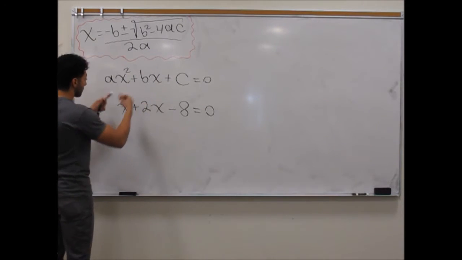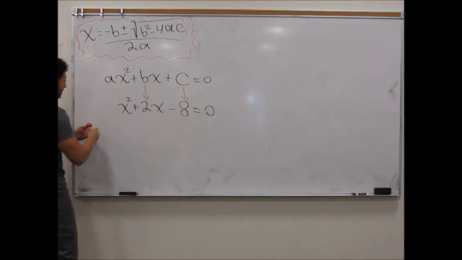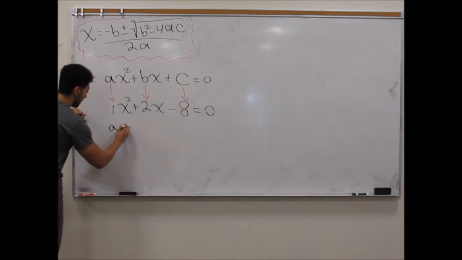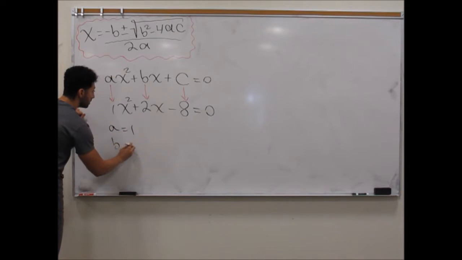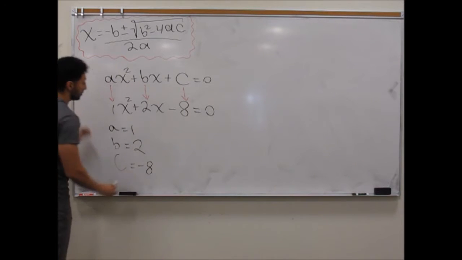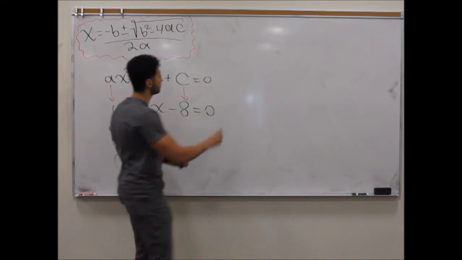So here I could see that b is 2, c is 8, and a is 1, right? A can't just be nothing. So we figured out a, b, and c. We got that a is equal to 1, b is equal to 2, and c is equal to negative 8. And I'm going to just plug and chug all that into this formula and see what happens.